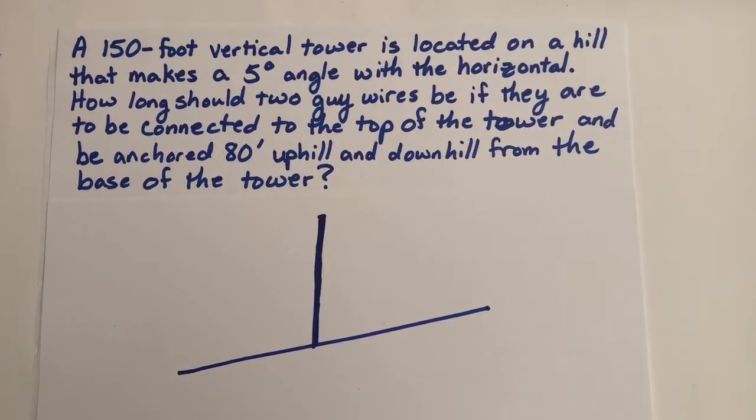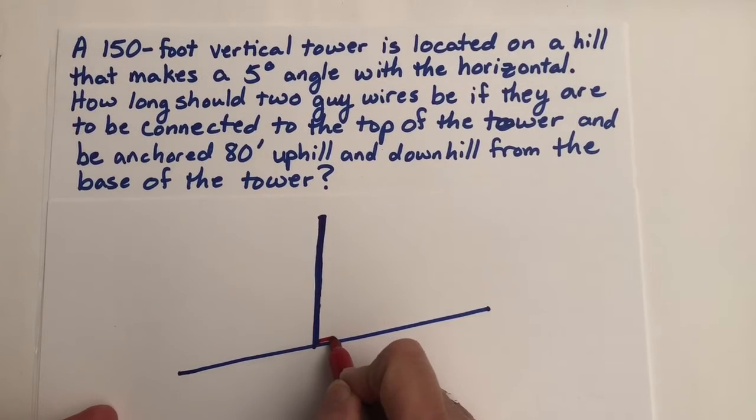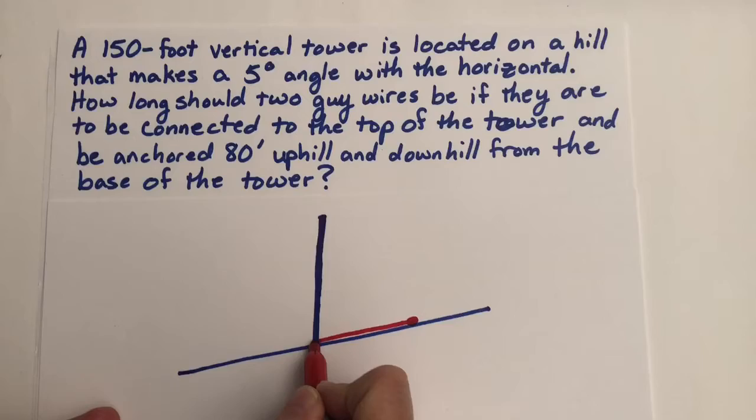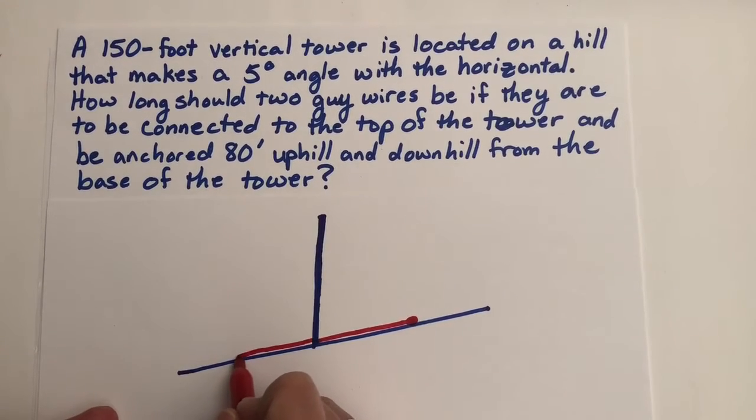And we're to find how long two guy wires should be if they're connected to the ground 80 feet uphill and downhill. So from here, we're going to go up 80 feet. And we're going to go down 80 feet.